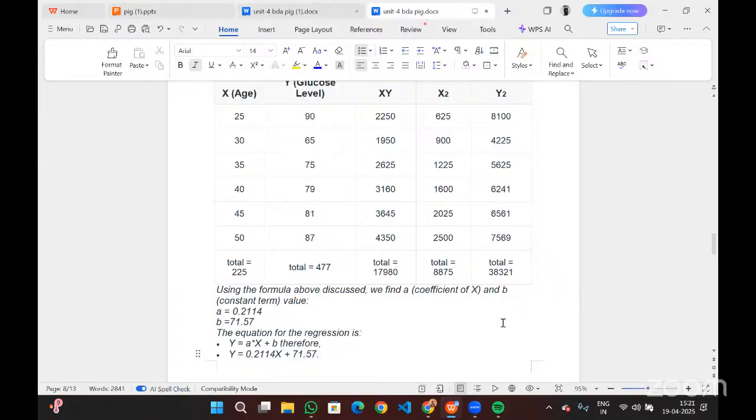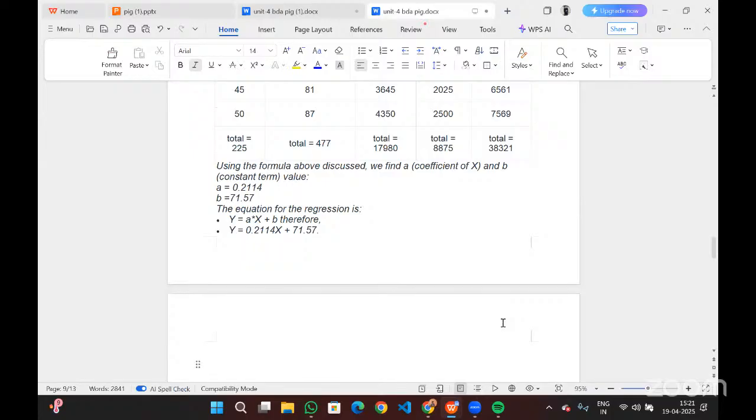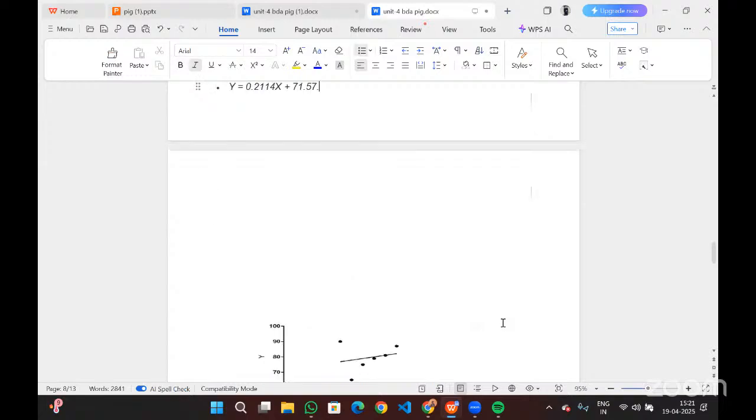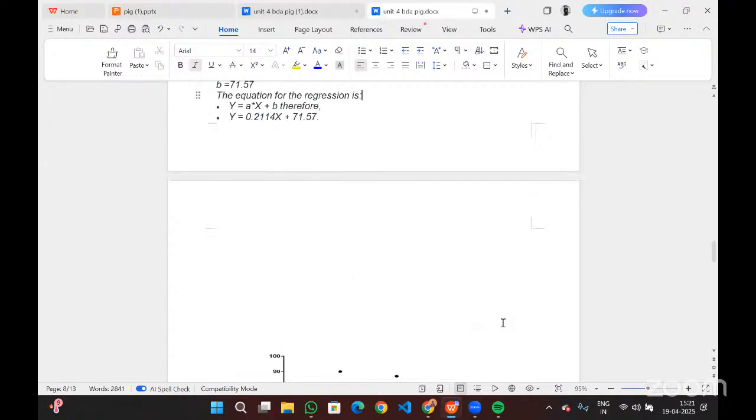What is total of x? Calculate y. Y is equal to ax plus b. What is y you have got? Y is equal to ax plus b, is it done?